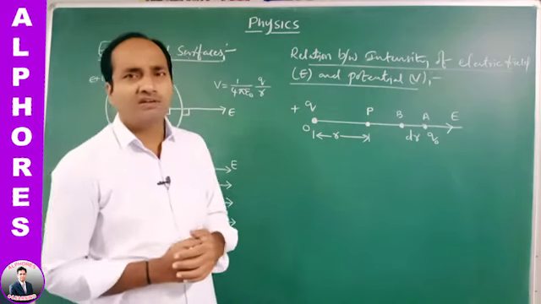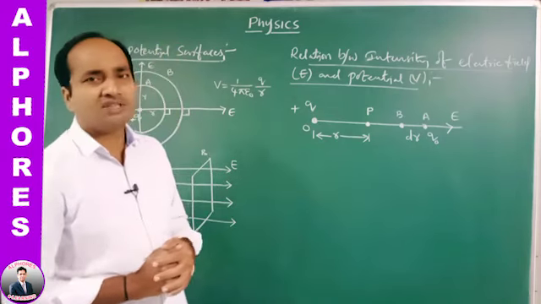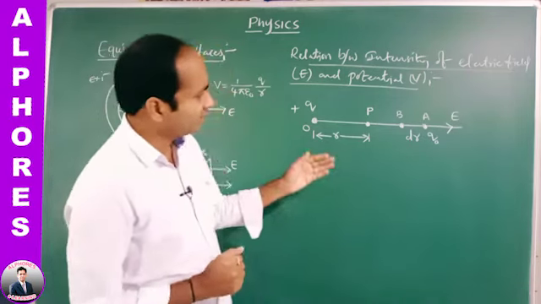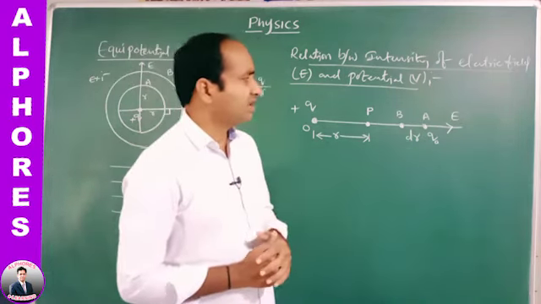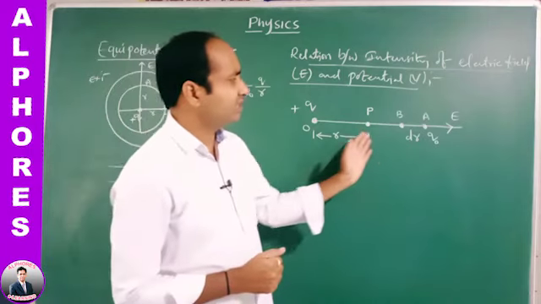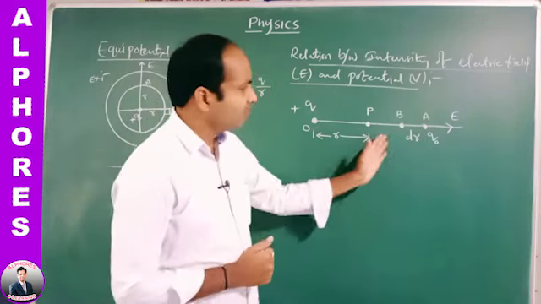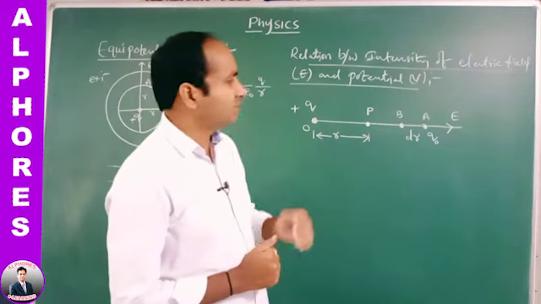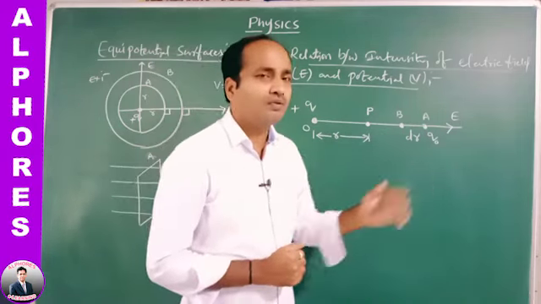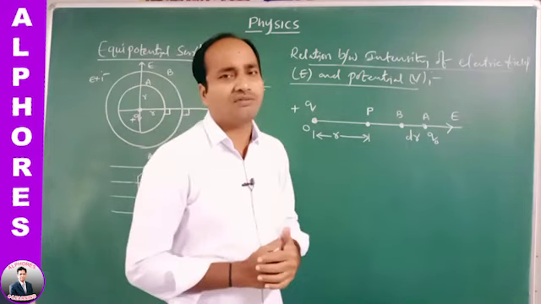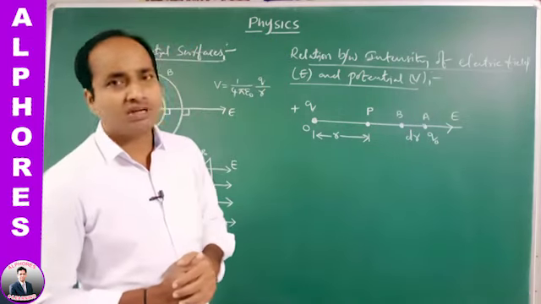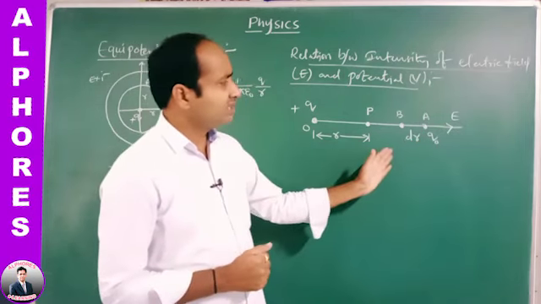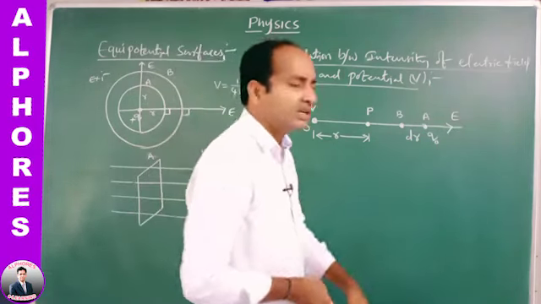We know that whenever a positive charge is placed within the electric field, the direction of electric field is in the direction of decreasing value of potential, and the direction of force is along the direction of electric field.